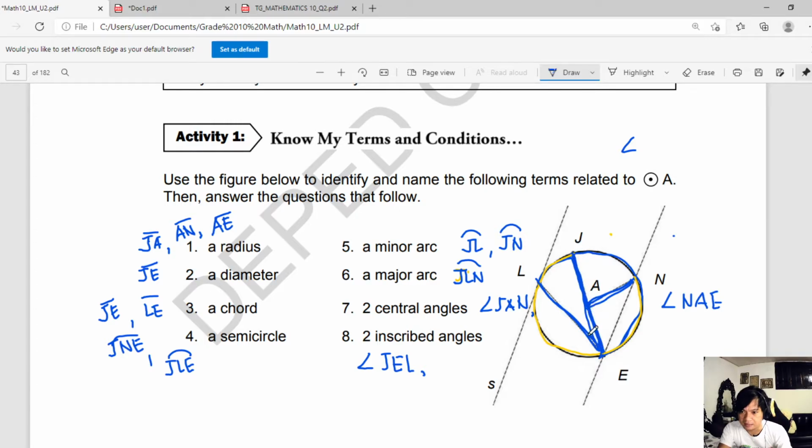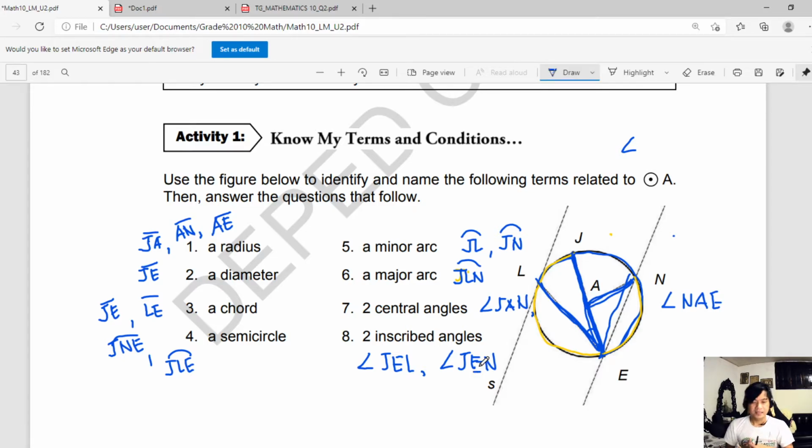So, this is the vertex. Nasa gitna siya. So, pwede rin siyang angle LEJ. And the last one is angle JEN. So, angle JEN is also an inscribed angle.